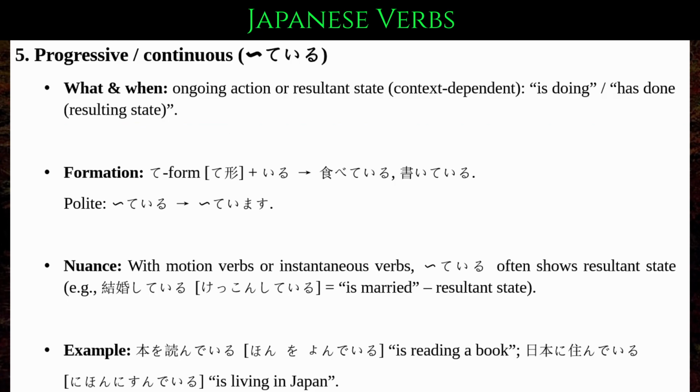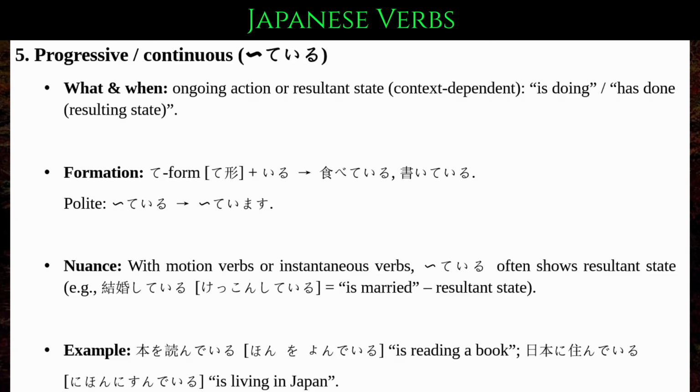And now we have the progressive or continuous, again as mentioned earlier, that is te-iru. So, this is used for ongoing action or resultant state, again context dependent, so is doing, has done as a resulting state. Here, we need the te form or take plus iru, and that's it.